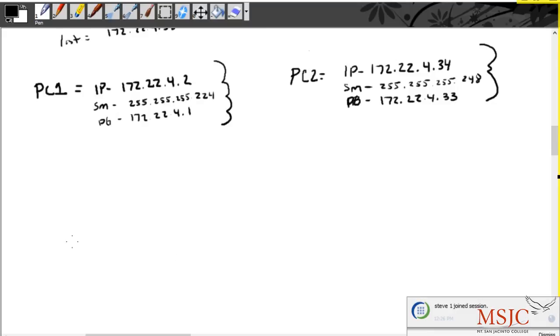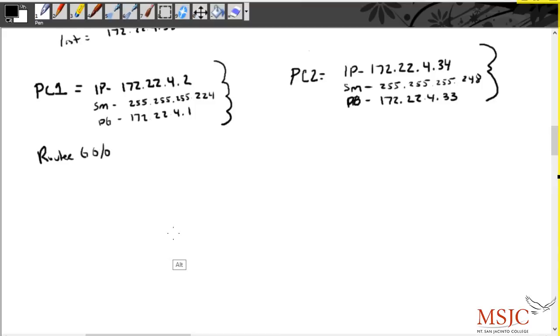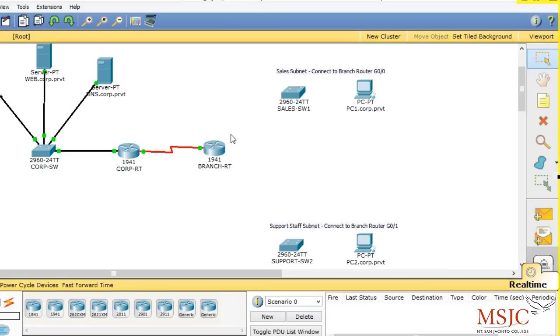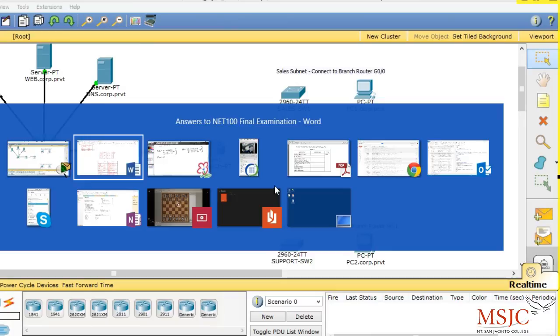Now it also asks us to figure out what the router G0/0 will be. Just to show you where that is on the diagram, G0/0 is the interface on branch RT that will be connecting to the sales switch. Because that's going to be on the sales subnet, we need to assign an IP address and a mask in the sales subnet.